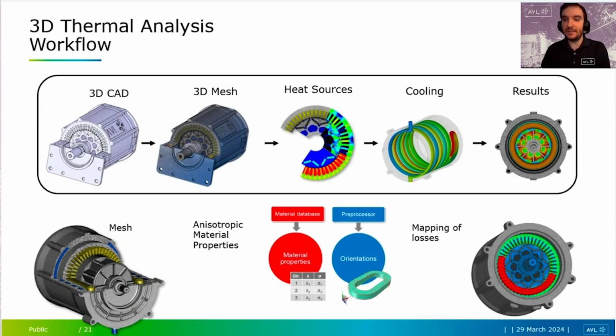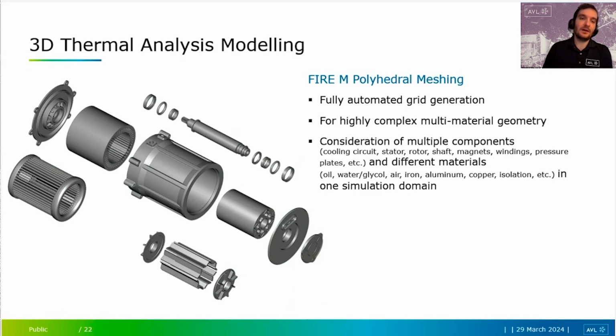So effectively in the e-motor tool, what you're doing there is you're taking your power losses and your losses within the stator windings and the rotor core, and you're effectively mapping those as heat sources within your e-motor. And that's the use of the e-motor tool that we talked about earlier.